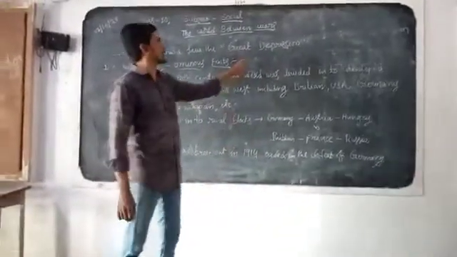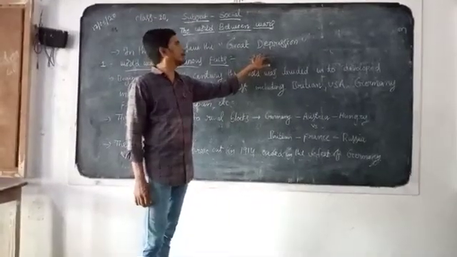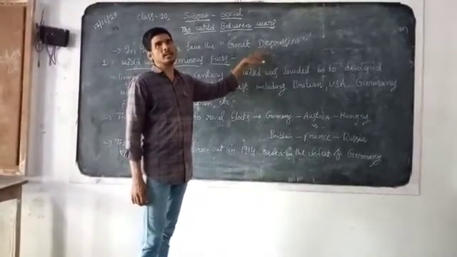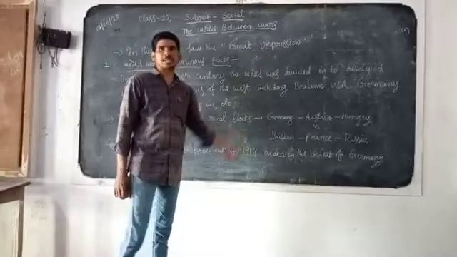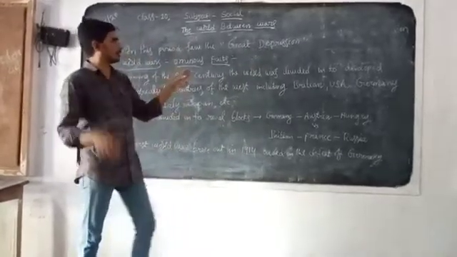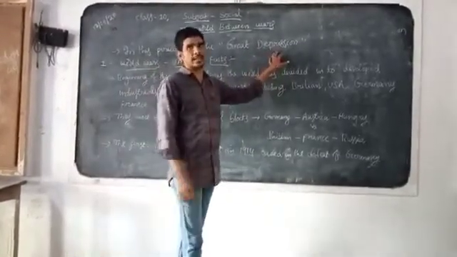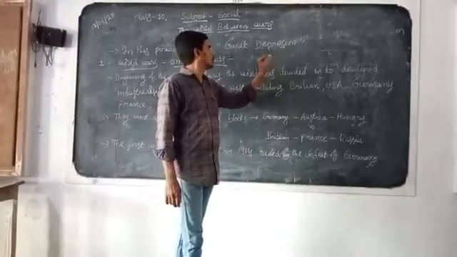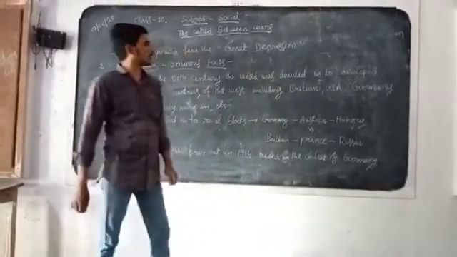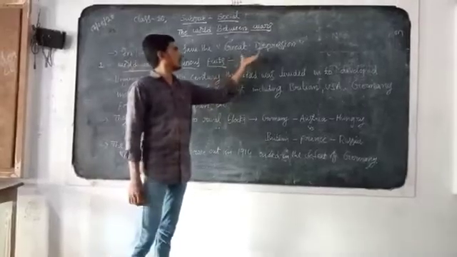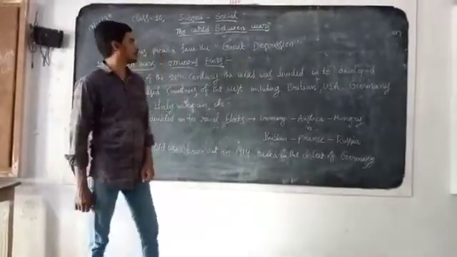It is called the depression, nearly inflation. The Great Depression happened in 1929 throughout the world, and mainly European countries suffered.